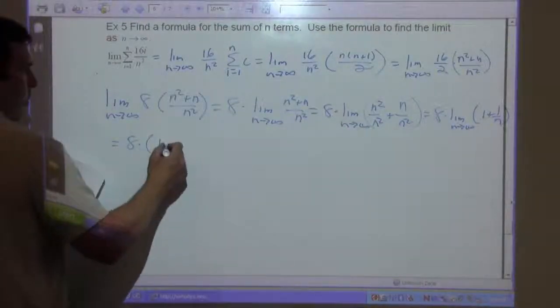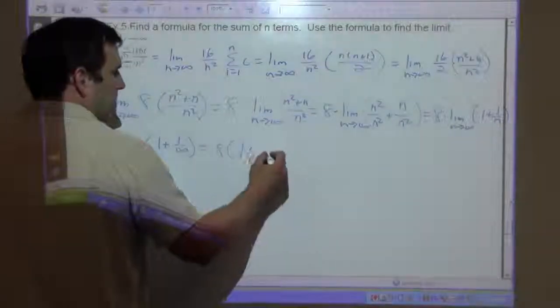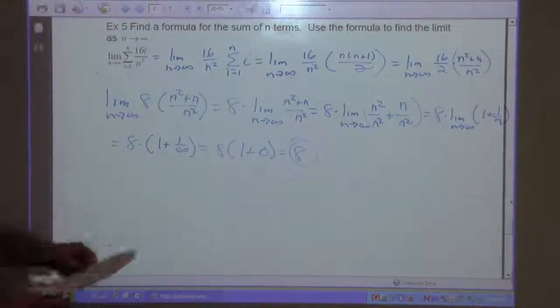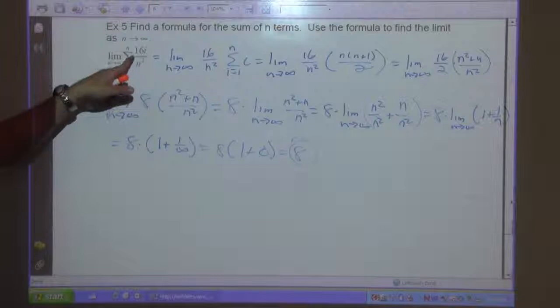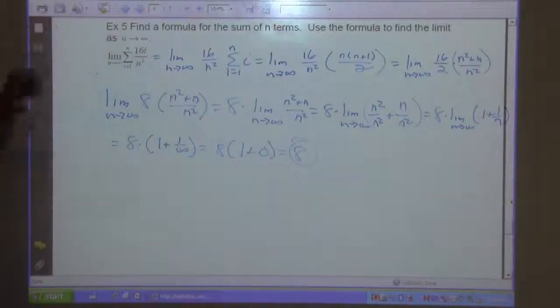That becomes 1 plus 1 over infinity. 8 times 1 plus 0, so it's 8. So the area under the curve for this formula, 16i over n squared, is going to be 8.